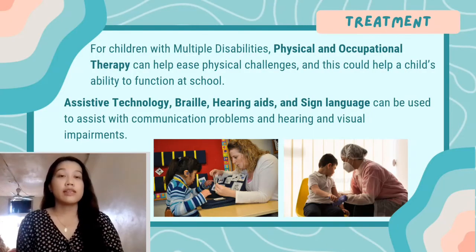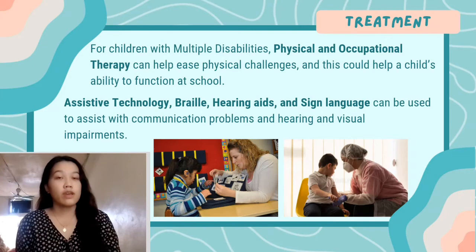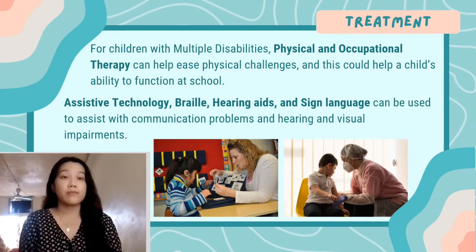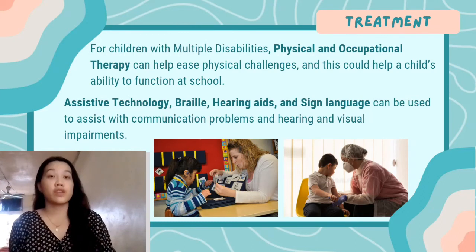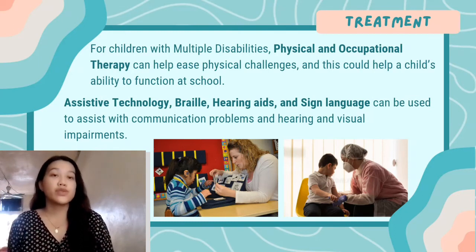Now, let us move on to the treatments. Technically, there is no treatment or cure for these disabilities, but they can be minimized or lessened using early interventions. Most children with multiple disabilities will need some level of help and support throughout their lives. How much support a child needs will depend on the disabilities involved.